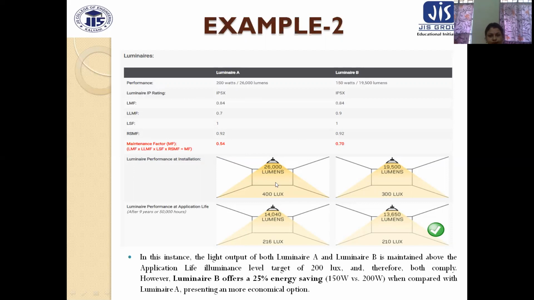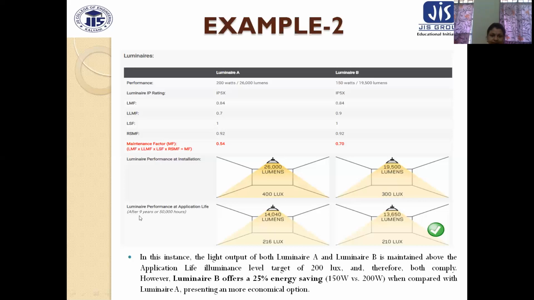Now I am going to the picture. First of all, for luminaire A, we can see the luminaire performance at installation is 26,000 lumens, and the illumination level is 400 lux. And for luminaire B, 19,500 lumens and the level is 300 lux.